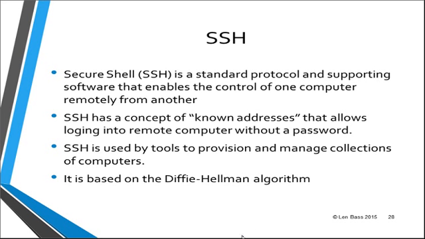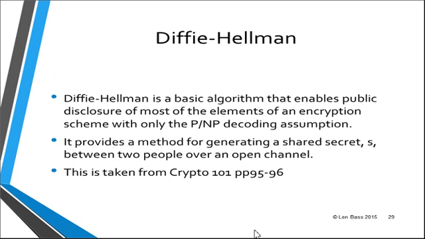And SSH is based on an algorithm called the Diffie-Hellman algorithm that dates from, I'm thinking, the mid-70s, maybe a little bit later. This is an algorithm that enables you to publicly disclose most of the elements of an encryption scheme. And the PNP decoding assumption says that this problem is NP hard, so it's a difficult problem to solve.